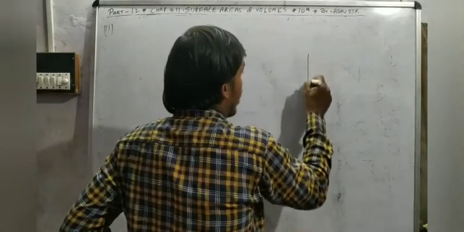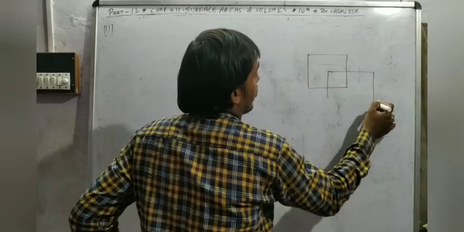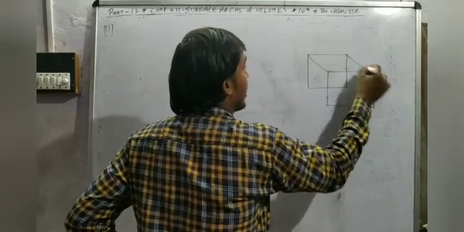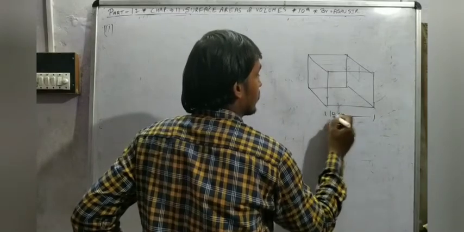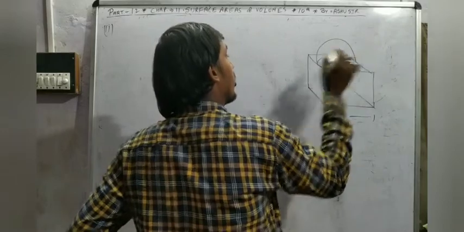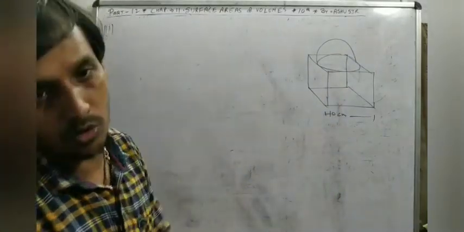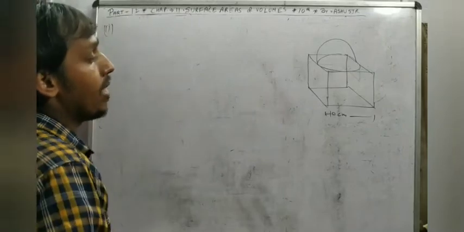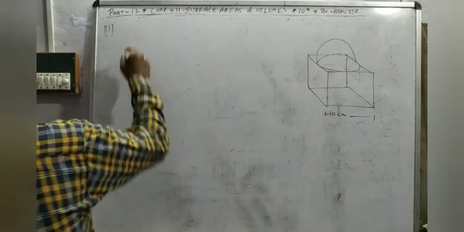Means a cubical block of 10 centimeter edge, a hemisphere is surmounted on it. So what is the maximum largest diameter of the hemisphere?